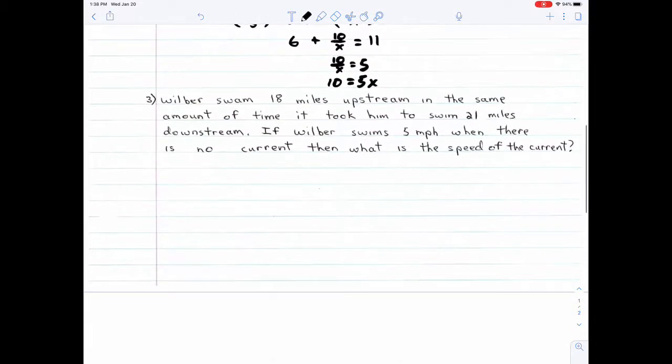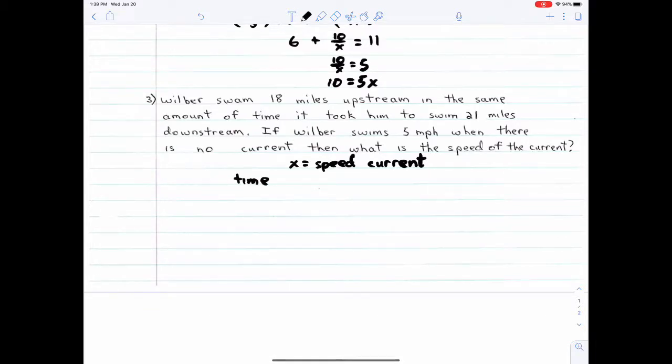Wilbur swam 18 miles upstream, the same amount of time it took him to swim 21 miles downstream. Okay, what's the speed of the current? x equals the speed of the current. Okay, so the time upstream equals the time downstream.